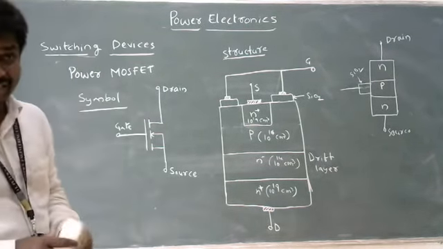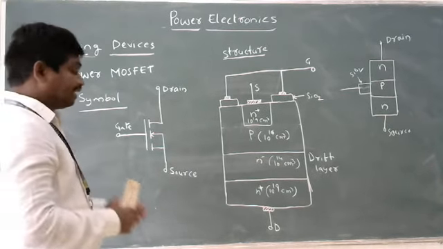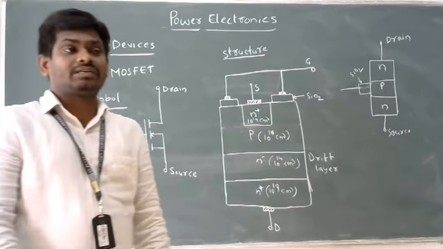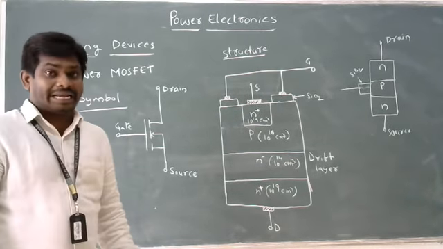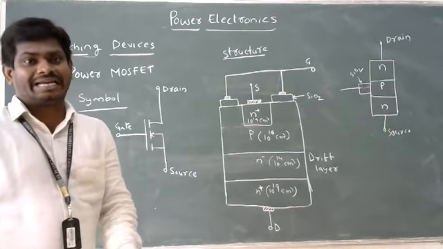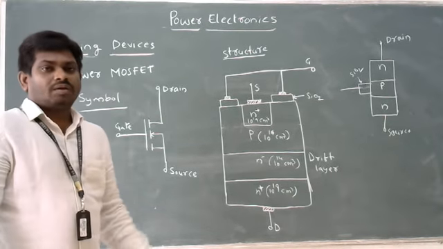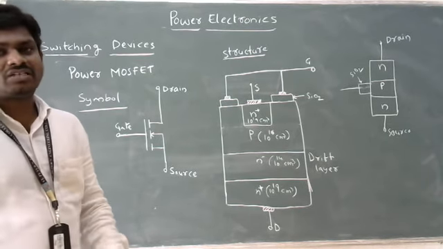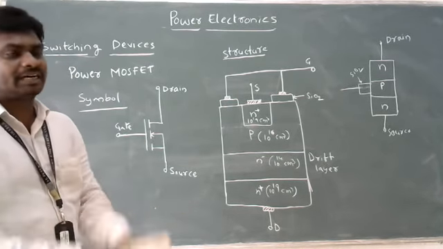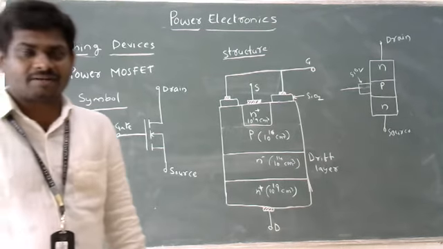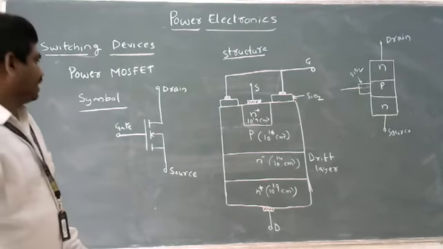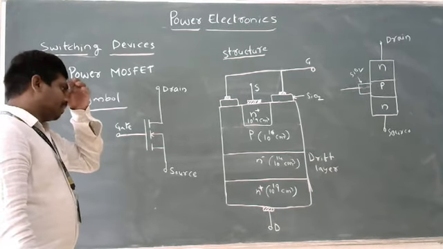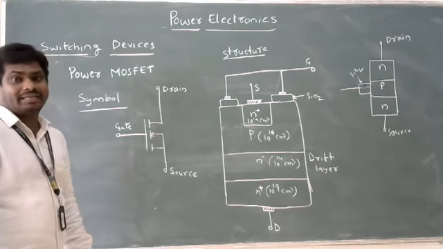Subdividing these, we get N-channel enhancement MOSFET, P-channel enhancement MOSFET, N-channel depletion type MOSFET, and P-channel depletion type MOSFET. These four types of MOSFETs are available in the market, but we are using enhancement type MOSFETs here, with the channel created by N material.